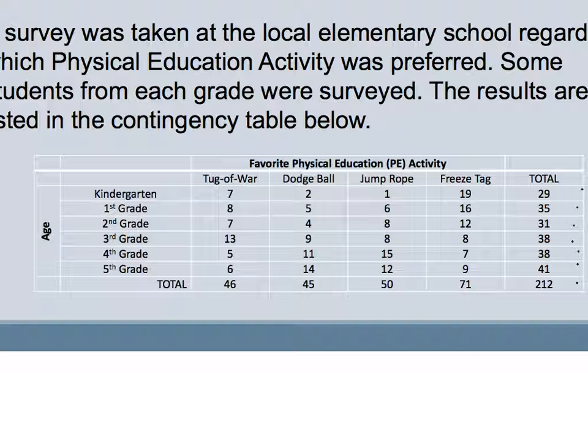And then it asks their favorite PE activity, and they only allowed them to pick one, because there's no headings that are like tug of war and jump rope, so they had to pick one. 46 of these kids said they liked tug of war, 45 said they liked dodgeball, 50 said they liked jump rope, 71 said they liked freeze tag. And if I look at this 5 right here, that is 5 first graders who liked dodgeball. So anything in the table is each of these things.